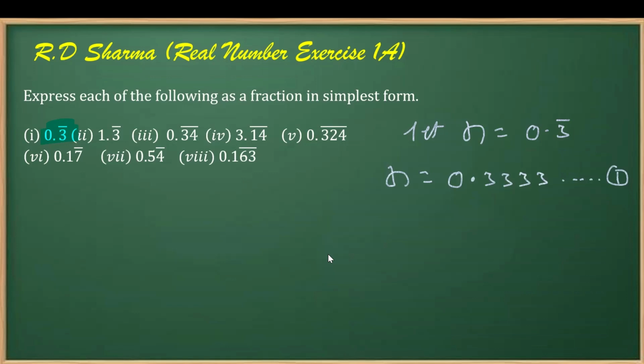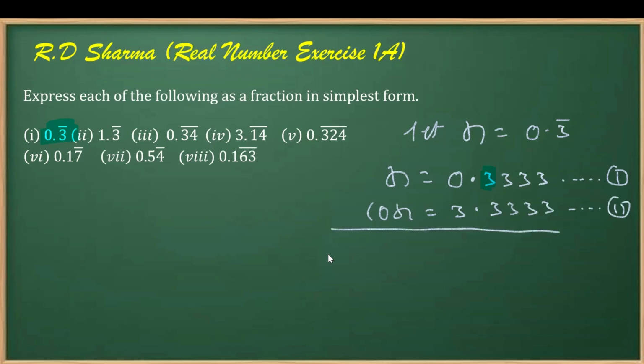Next, you are going to see how many digits are repeating. As you can see, in the repeating block there is only 3, one digit repeating. So we are going to multiply 10 on both sides. On multiplying 10, the decimal will shift 1 place to the right, and you can continue to write as many 3s on the other string.